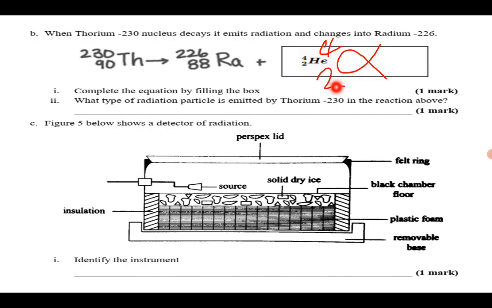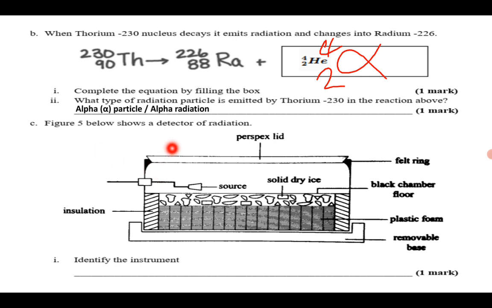So this must be an alpha. So what type of radiation particle is emitted by thorium in the nuclear reaction above? This must be alpha. It's alpha particle or alpha radiation.